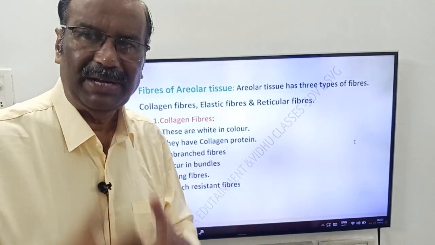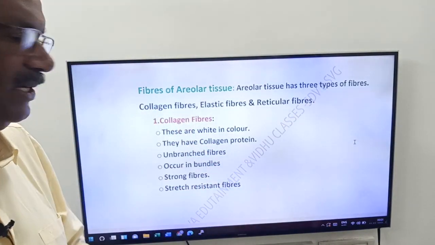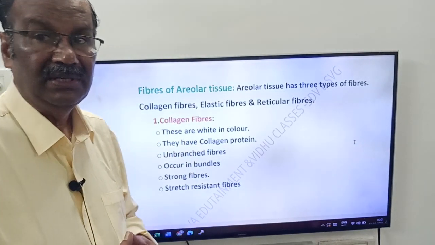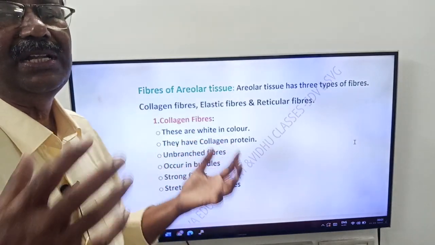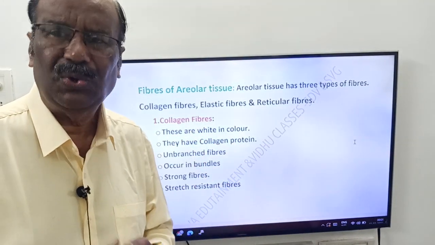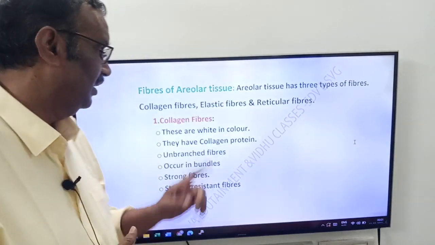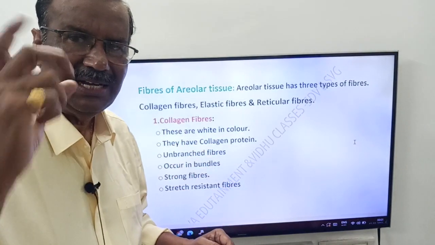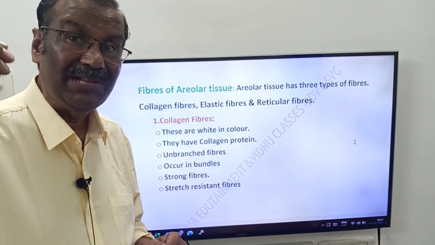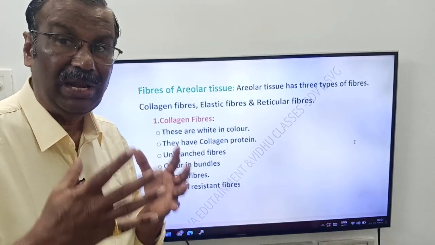Now see, friends, we'll take one by one. First we take collagen fibers, friends. This is important, friends. Whenever you hear the word collagen, these are the common character either in the connective tissue or in the cartilage, friends. Collagen fibers are white in color. They have a protein. What is that, friends? Collagen. They are made up of a protein, that is collagen.